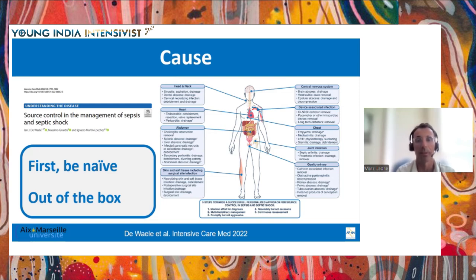You should look at the head, the neck, the ears, the abdomen, skin and soft tissue, the central nervous system, device-associated infection, the chest, and the whole genitourinary tract. If you don't find it, try to think out of the box, but first be very systematic on the common causes of infection.